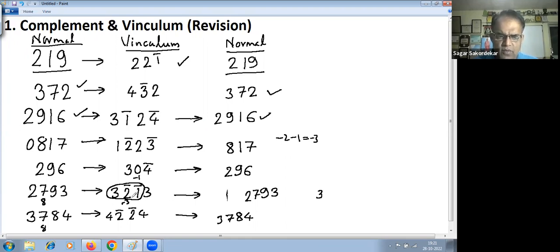For this 21, you can use all from 9, last from 10, and reduce one from the previous digit, previous to these continuous negative numbers. 9 minus 2 is 7. This is the last now, last from 10. 10 minus 1 is 9. All from 9, last from 10. And then reduce 1. So if you have got a continuous negative digit, this will be faster than our normal method.